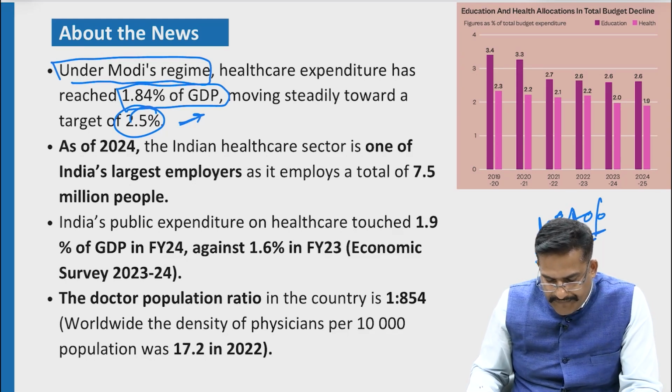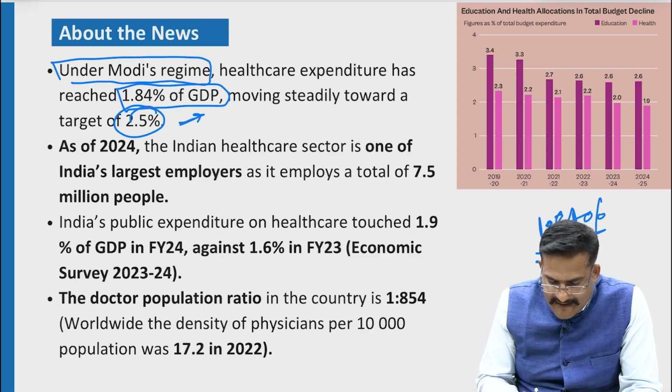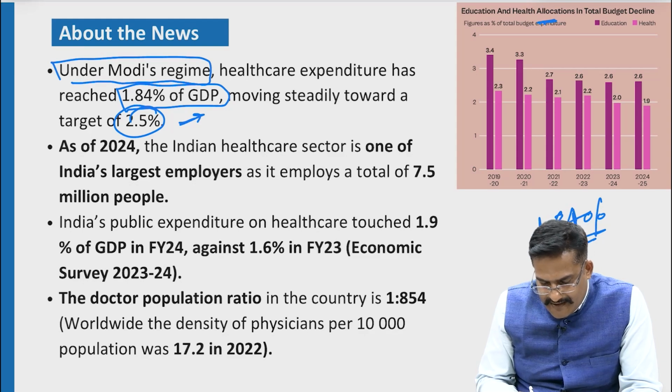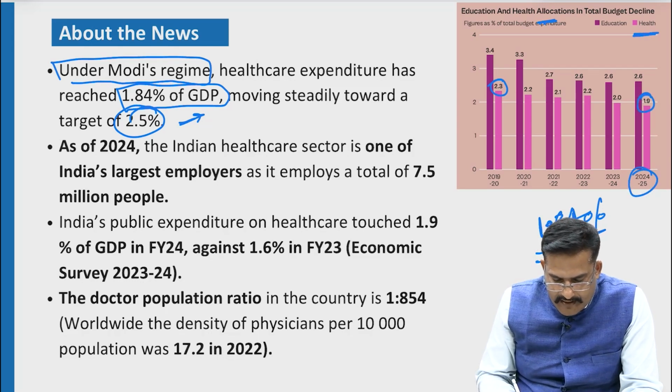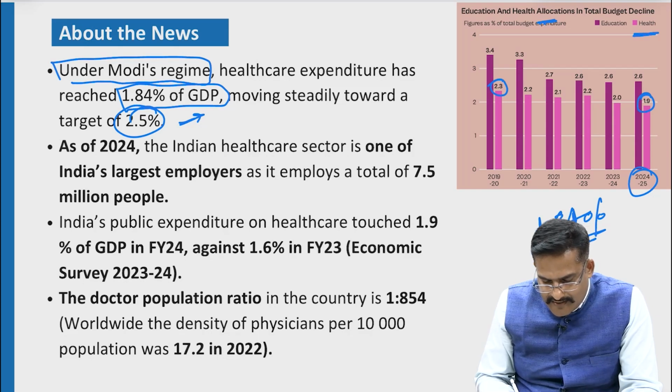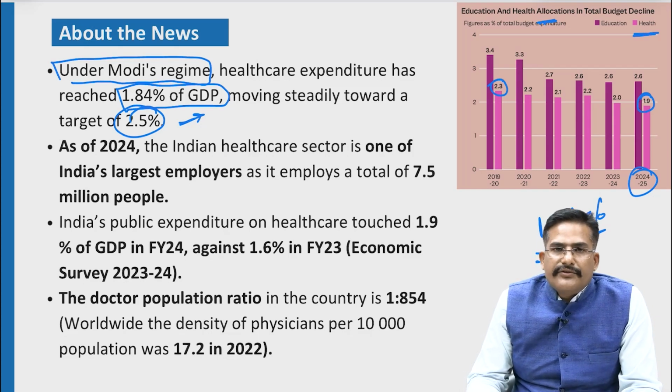Although, if you look at the trends of expenditure on health and education, I feel it is a declining trend, because if you see the pink graph, in 2019-20 it was 2.3%, and it came to 1.9% in 2024-2025. However, things are supposed to be in good figure in coming years.